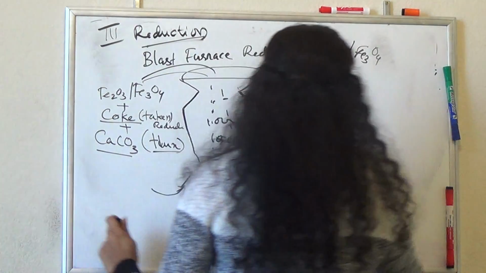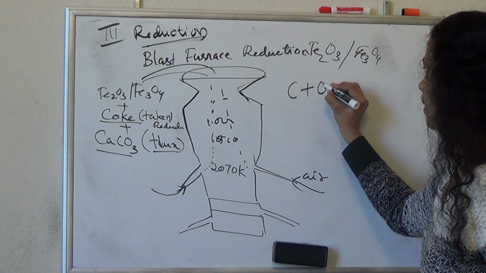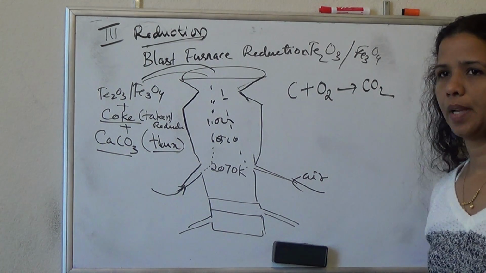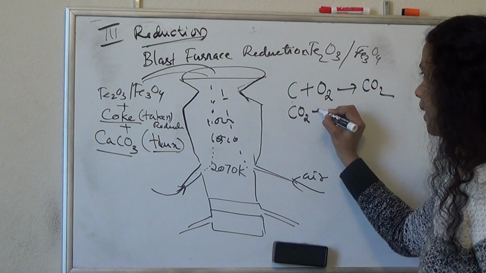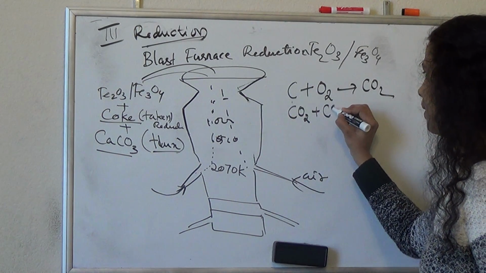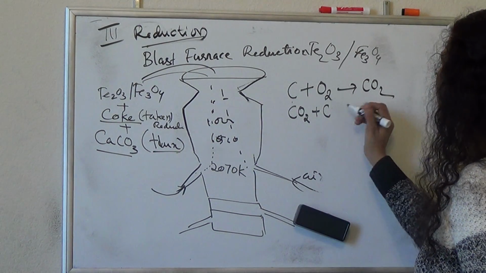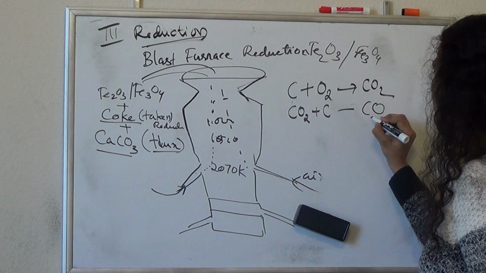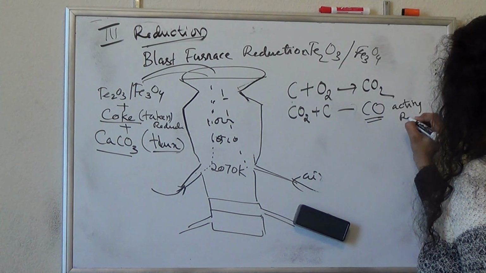Due to the high temperature and oxygen, the carbon burns and forms carbon dioxide. But due to the excess carbon present, carbon dioxide combines again with carbon and forms carbon monoxide. This is the acting reducing agent.